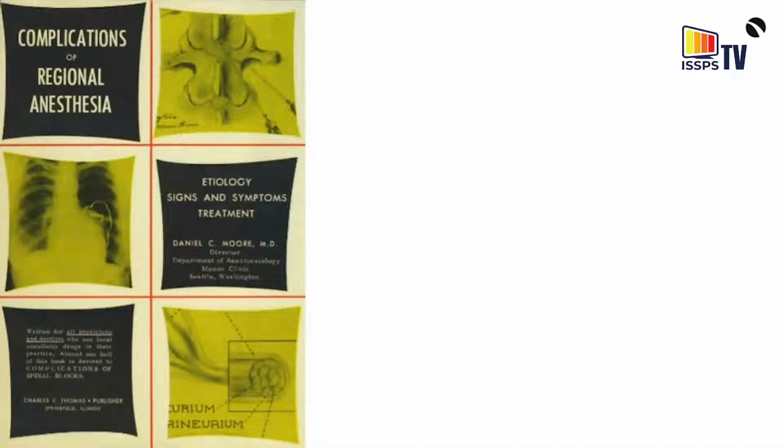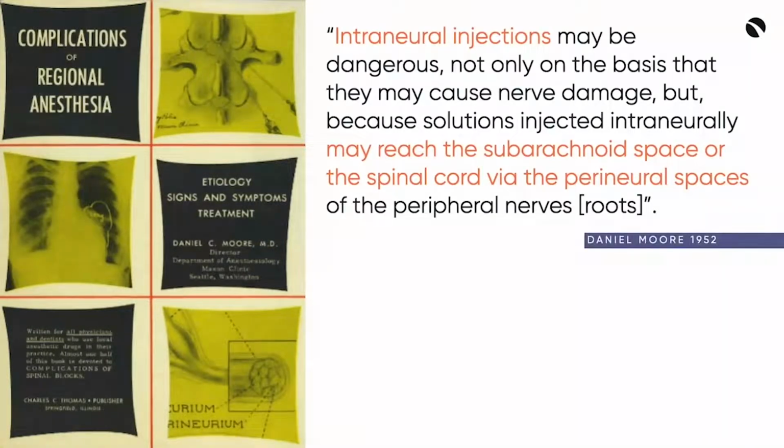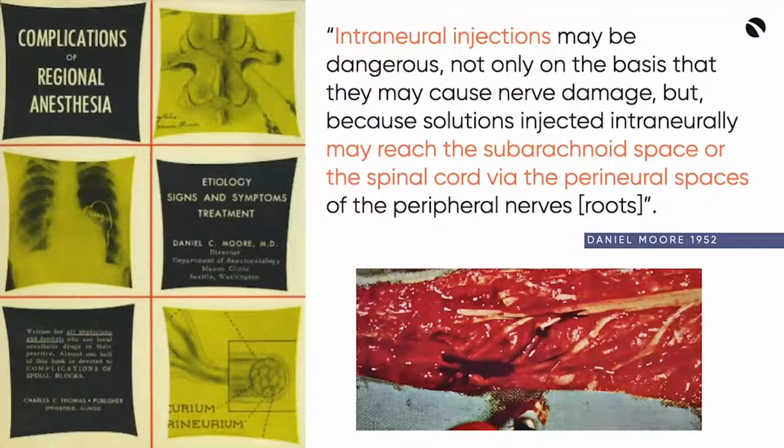In his textbook of Complications of Regional Anesthesia, he stated that intraneural injections may be dangerous, not only on the basis that they may cause nerve damage, but because solutions injected intraneurally may reach the subarachnoid space or the spinal cord via the perineurial spaces of the peripheral nerves.